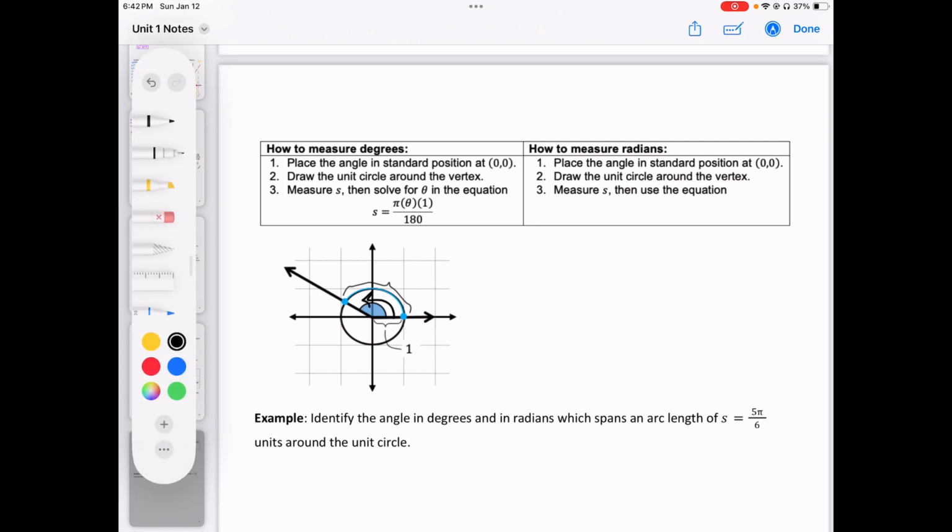If you want to measure S in degrees, you're going to find pi times theta times 1 over 180, because on the unit circle, which is what we're going to be using, the radius will equal 1. So r is equal to 1. If we're measuring in radians, we have S equals theta r, and again, r is going to be 1 on the unit circle.